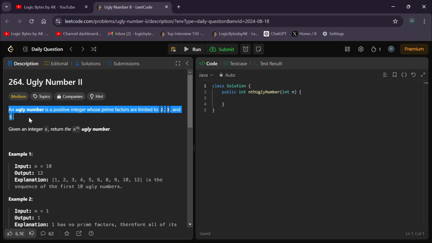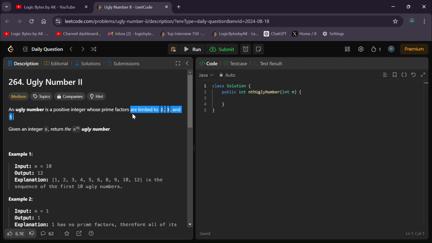For a number, let us say there is a number x whose prime factors are limited to 2, 3, 5. Sorry for the disturbance. So let us consider a number x, and we find the prime factors of x, and we get some prime factors like 2, 5, 7.